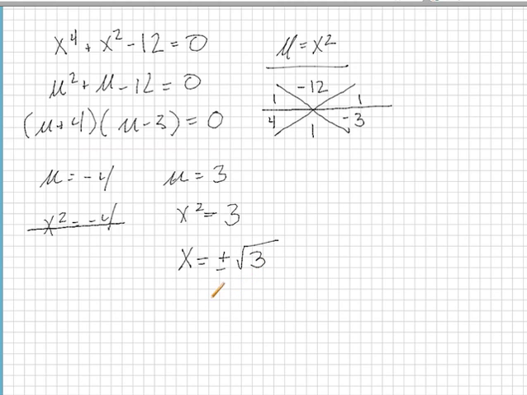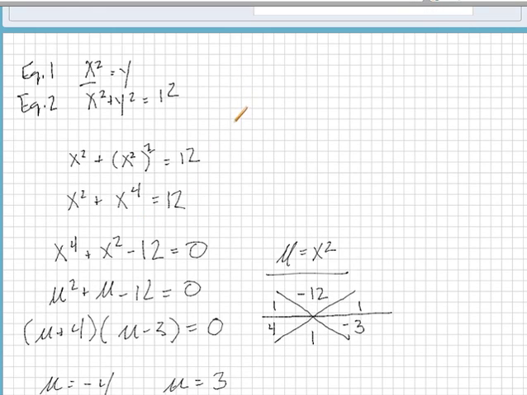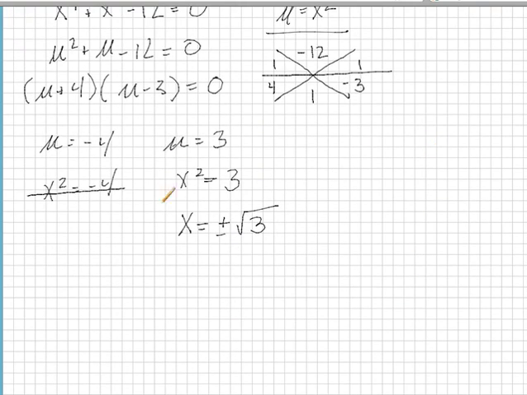Now that we have our solution for x, let's go ahead and look at our solution for y. Let's look at equation 1 where they say y is equal to x squared. Well, if you look here, I've solved already for the only possibility of x squared. So y is actually equal to x squared, which is equal to 3.